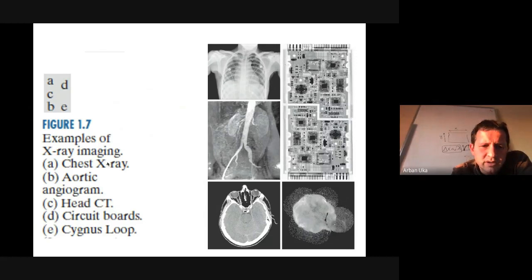So here we have chest X-ray, aortic angiogram, which is the second image below the chest X-ray, head computed tomography, which is the bottom image here. We have the circuit board.